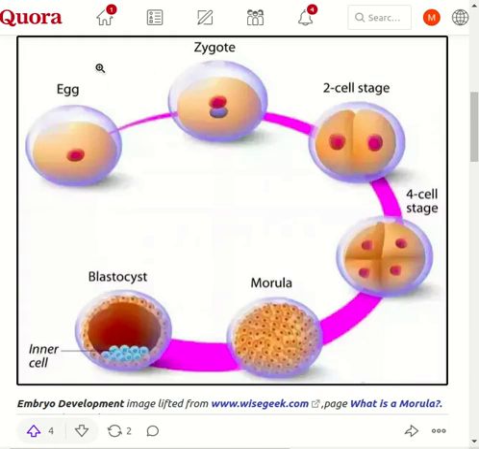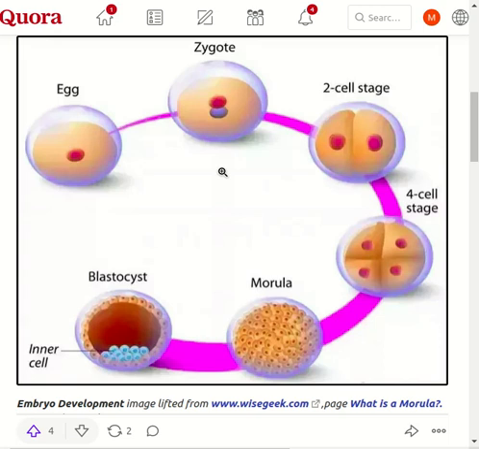So let's recap again. Day 0 is called an oocyte. It then gets fertilized, and it then is called a zygote. And a zygote is a one-cell embryo. Then within 24 hours after fertilization, the zygote initiates a rapid series of what kind of divisions?